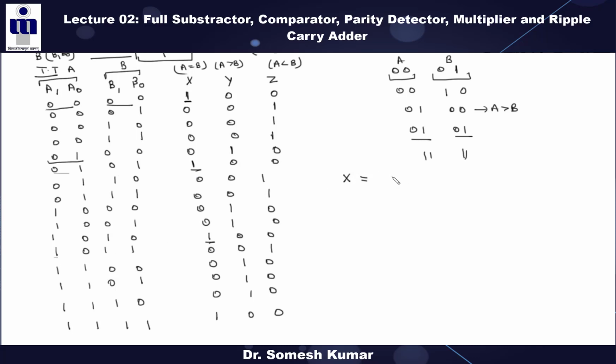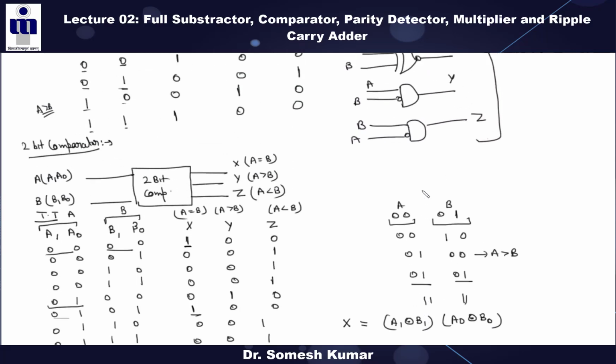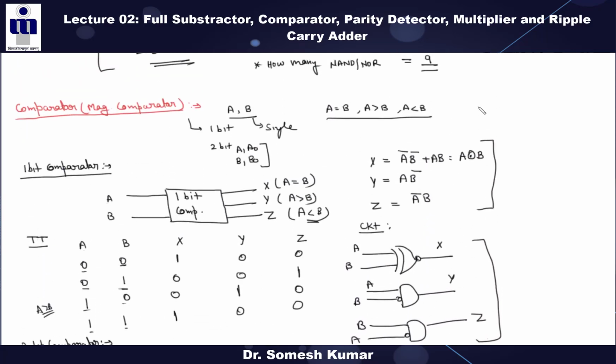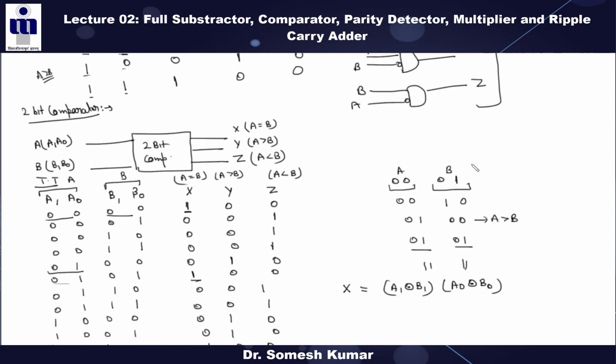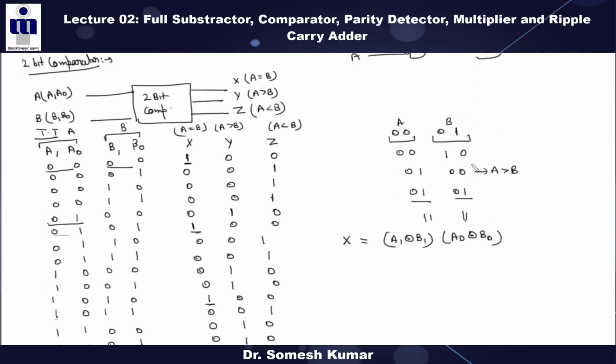So can I write this thing as A1 XNOR B1 into A naught XNOR B naught? Can I write this? Similar to your 1-bit comparator. In the 1-bit comparator, this is our condition. So now in the 2-bit comparator, can I write it like this? Yes, it is clearly seen.